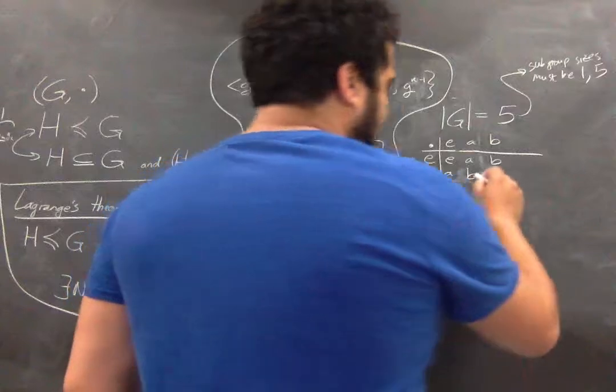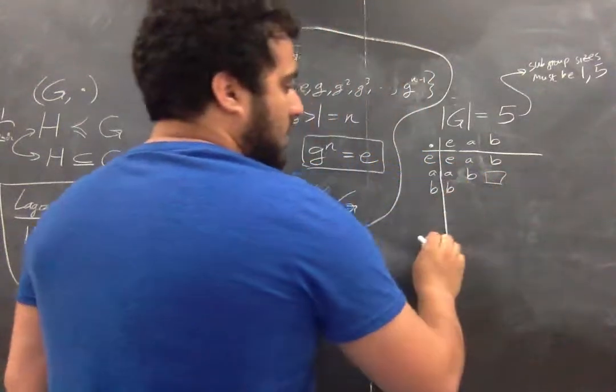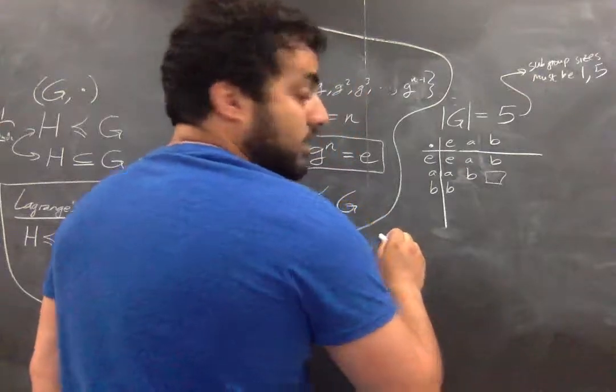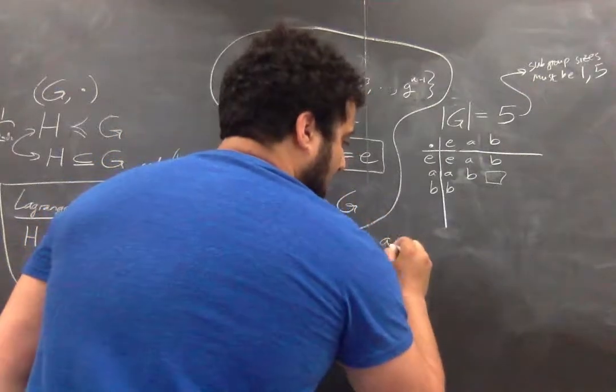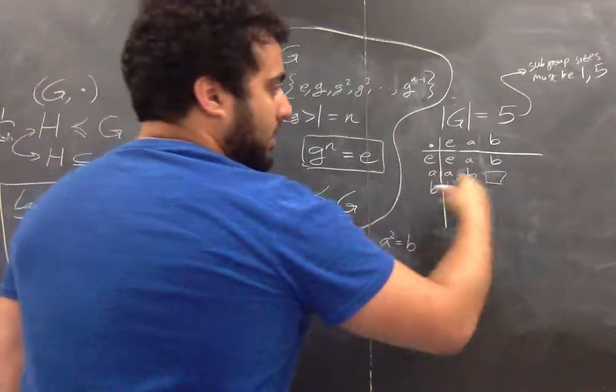So what's next? Well, let's look at this guy, A times B. And actually, let's write down our result that we have already, which is, I'll write it over here, A squared equals B. And now we want to ask, what is A times B?